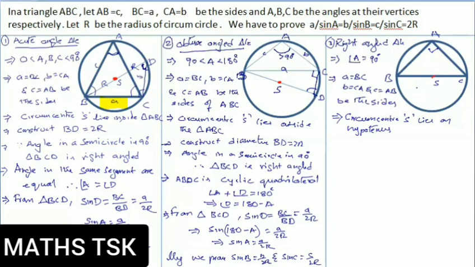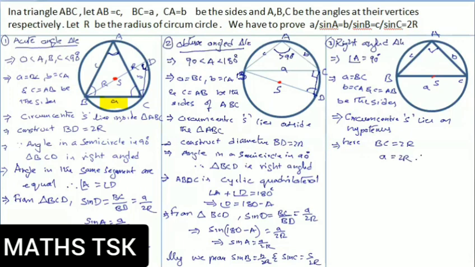Here a is equal to BC, b is equal to CA, c is equal to AB. Alright, next. No need to construct BD, since here BC itself is the diameter. BC is equal to 2R. Since angle in a semicircle is 90 degrees, a is equal to 2R.